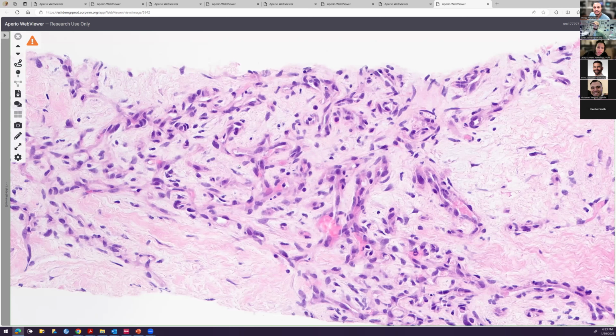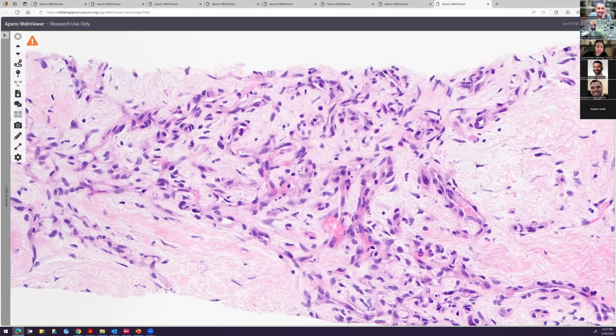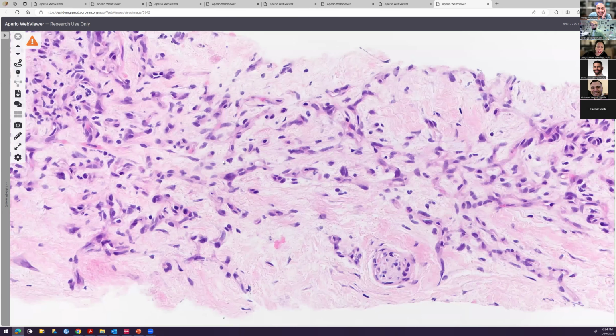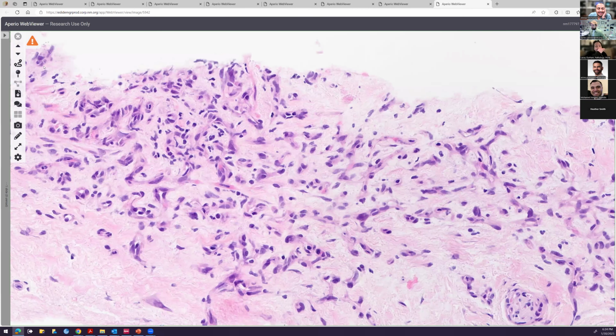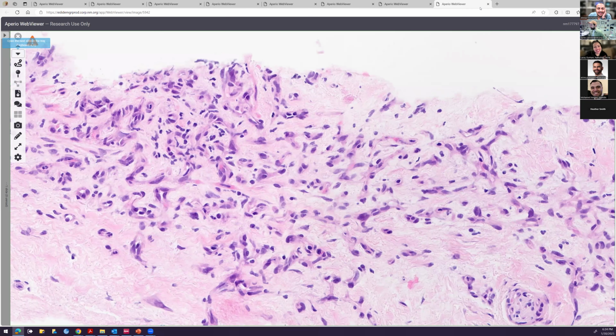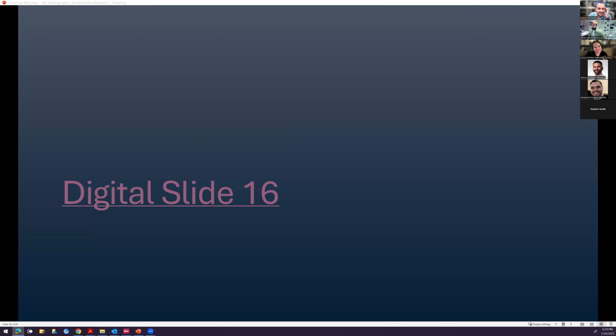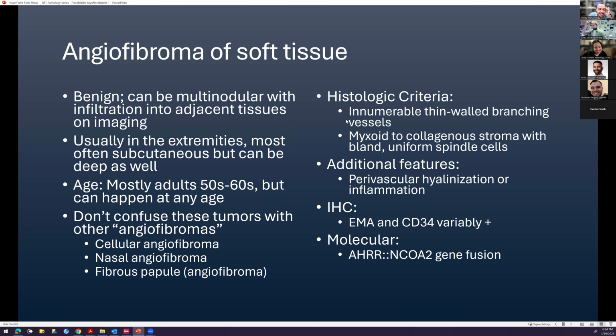Although we've talked about angiofibroma before, it's a nomenclature thing, because generally we're extremely bad at naming things. We'll talk about that in a second. But here we go. This is called an angiofibroma of soft tissue.